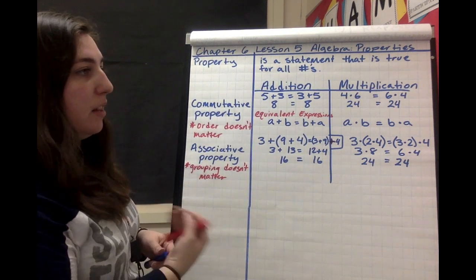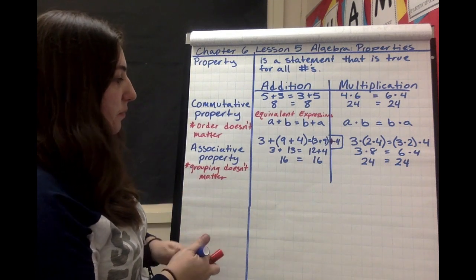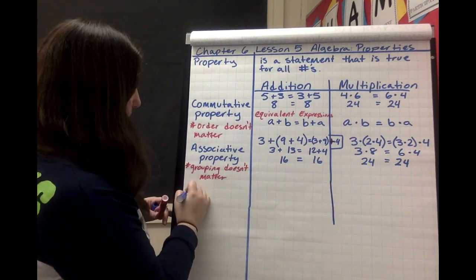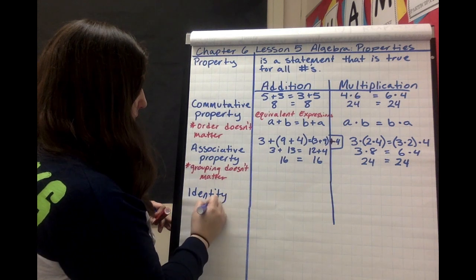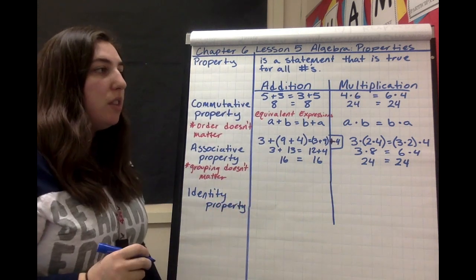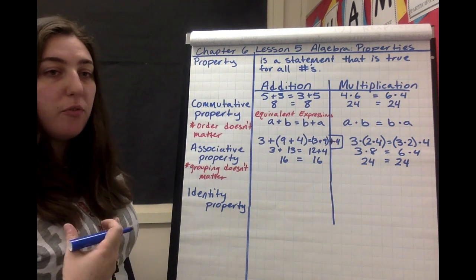And then the last property that we're going to review is called the identity property. Okay, so think of yourself and the identity you have for yourself.